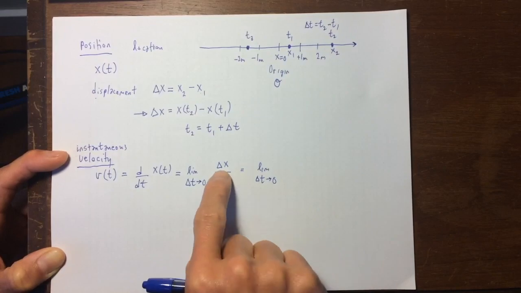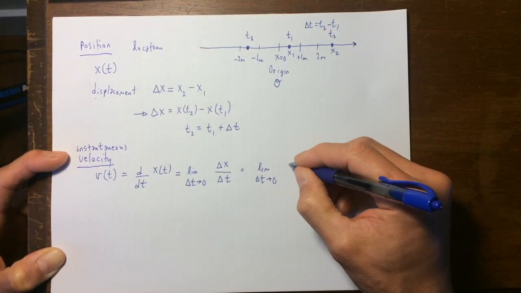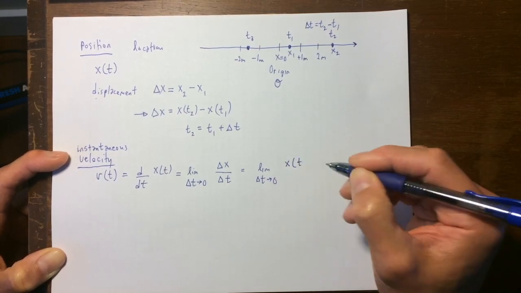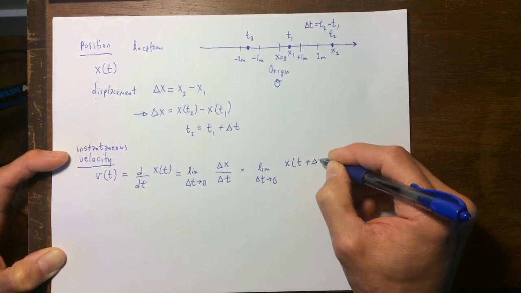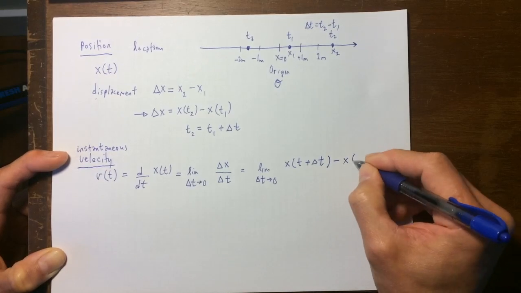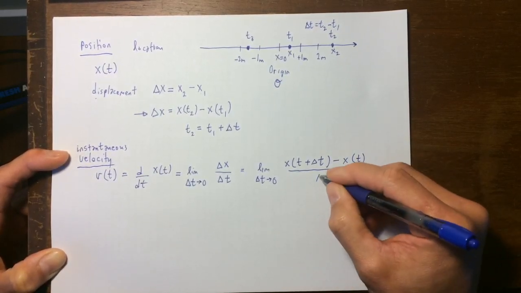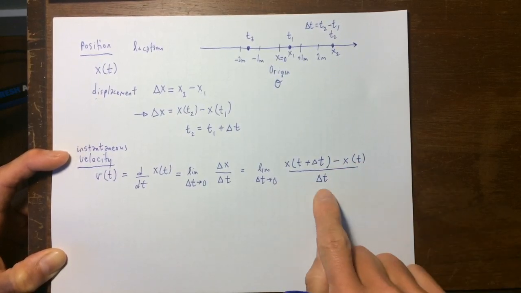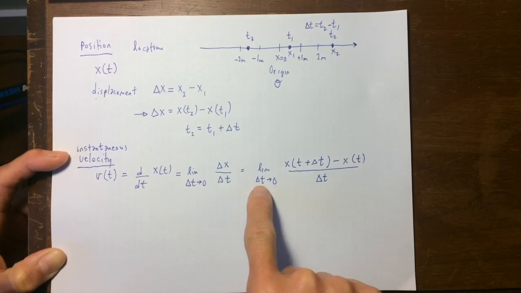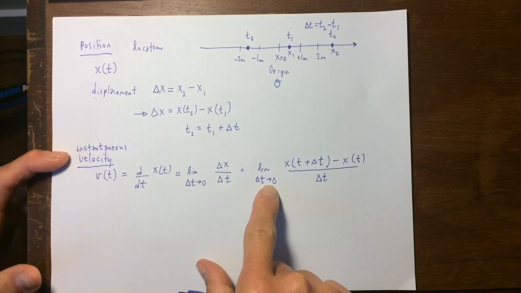But it's more interesting in the position. So this displacement that I'm going to put up here is going to look like this. It's going to be the position at the later time minus the position at the earlier time divided by this delta t, which I'm going to ask to head towards 0 but not actually become 0.